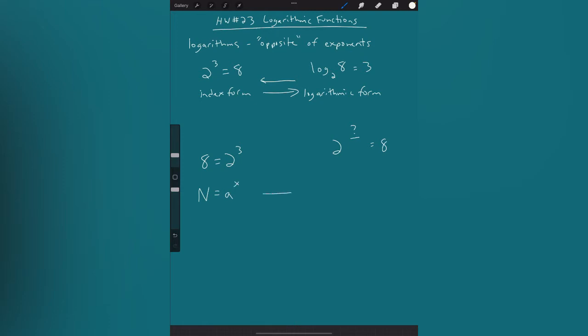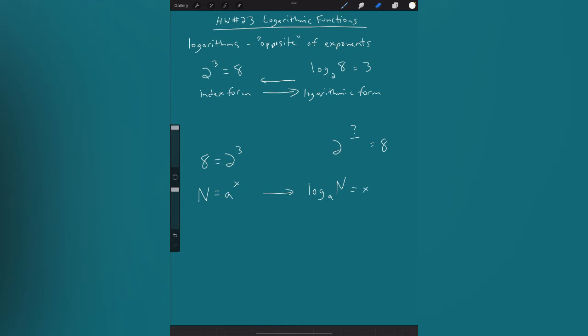Then if you wanted to convert that into logarithmic form, you could write log a of n is equal to x.